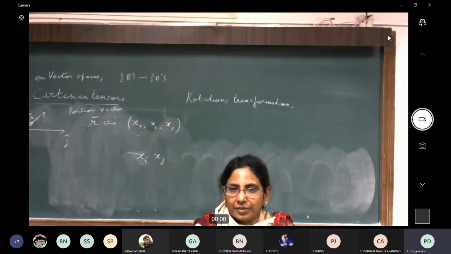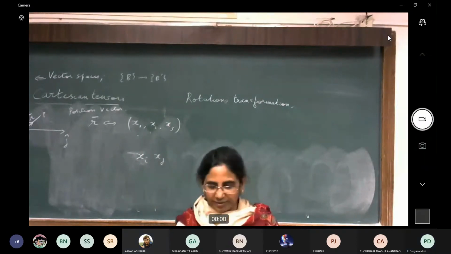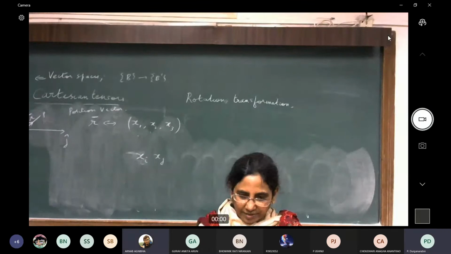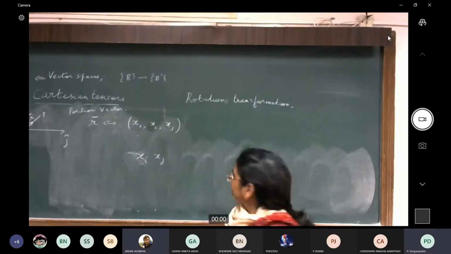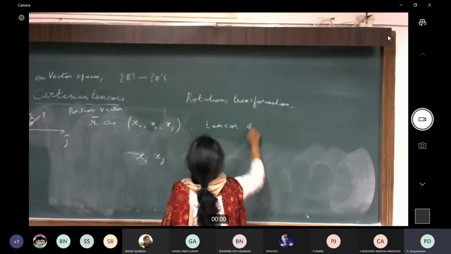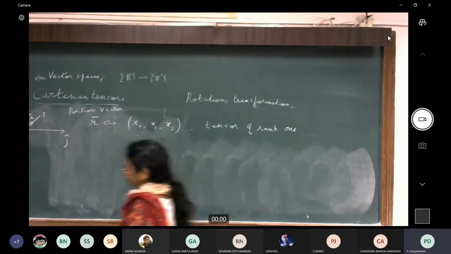No, I'm talking of the position vector itself. What kind of an object is it as a tensor? It's a tensor of rank 1. Okay.